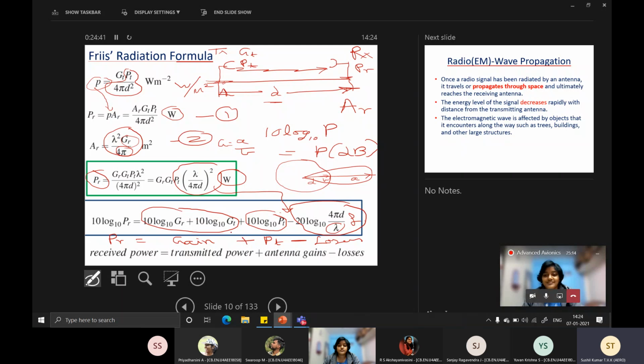Okay. Now this is a very useful relationship. So now you can appreciate why the interplanetary mission antennas are so huge. The one at Bangalore and all for Mangalyaan, they are such massive structures.